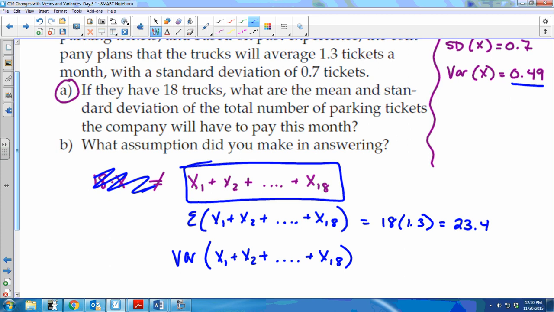Again, because of algebra, we can do 18 times 0.49, but we don't do 18 squared. We're not doing 18 squared because we're not thinking about it as 18 times a variable. We're thinking there are 18 individual ones, so we have 0.49 being added to itself 18 times. That's where we're getting that. So Jacob, what's 18 times 0.49?